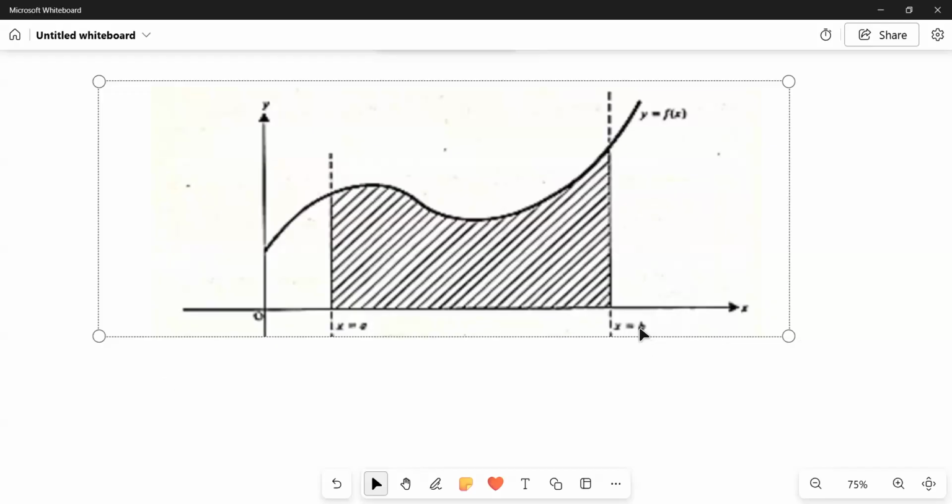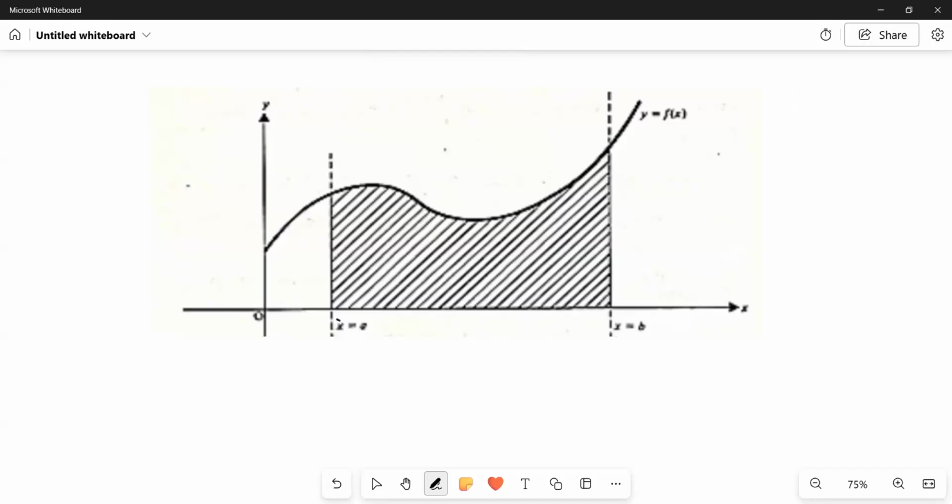I expanded this, so it's a little fuzzy. So this is basically a curve of f(x), right? I think what they have here is supposed to be x equals a, and down here is x equals b. Yeah, I think that's what they meant there.